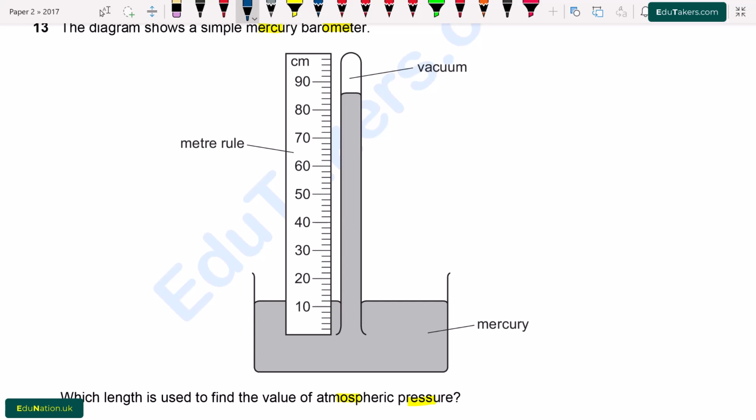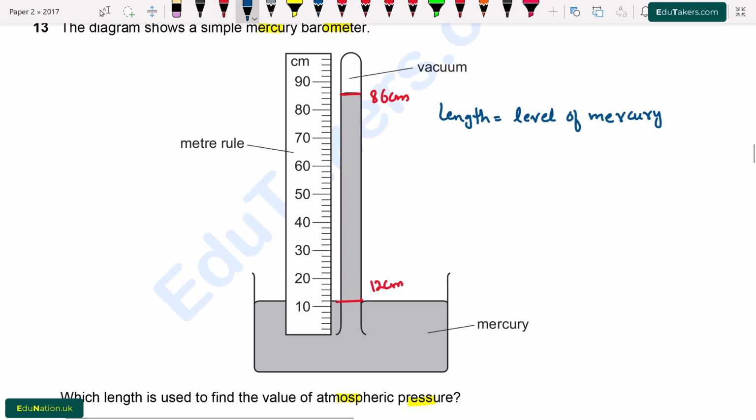So I write here length is equal to level of mercury. We observe that this top point is at 86 centimeter while this bottom point it is at 12 centimeter.